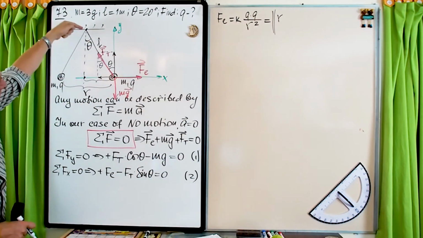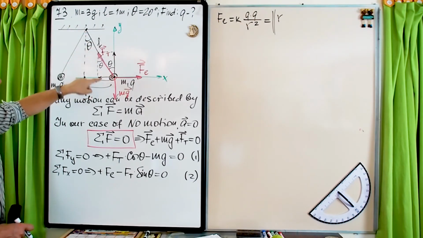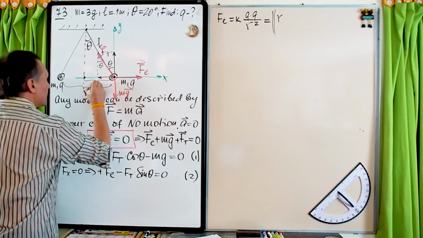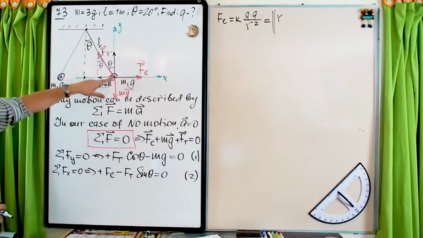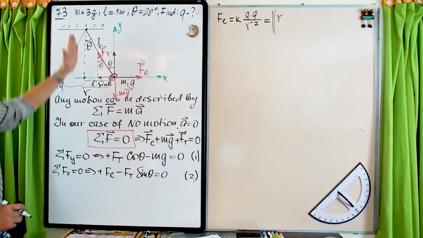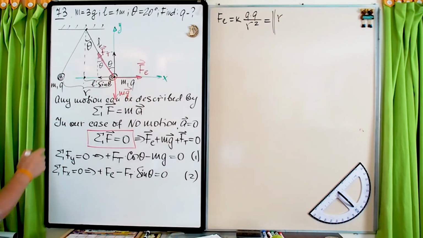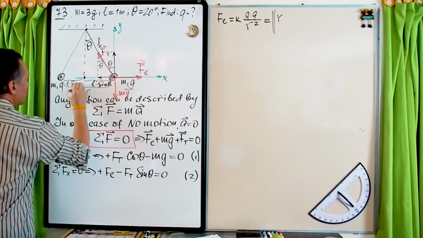L is given, this hypotenuse, and we need to find the side which is opposite to the angle. So this side will be L times sine of theta. This is L times sine of theta. But this picture is symmetrical, right, relative to this line. So this distance and that distance are exactly the same. So this is also L sine theta.